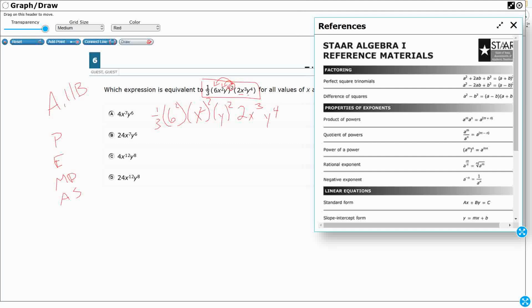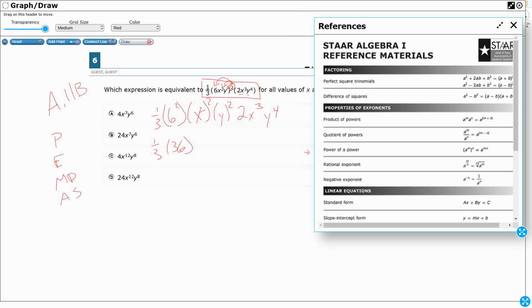So let's deal with all of these squared here, okay? 6 squared is going to be 36. X squared squared, well, that is a power of a power. So that's going to be that third one right there. If you have a to the m, and then taken to the n power, you end up multiplying the two exponents.